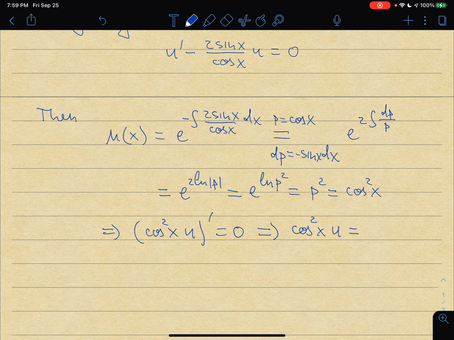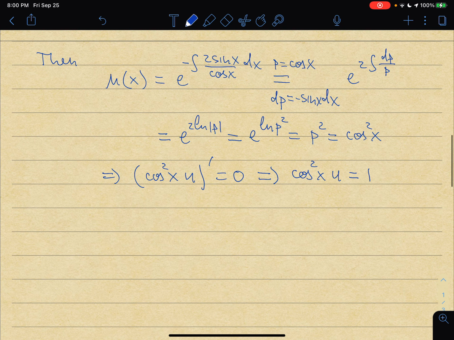Now, in this case, I'm going to set a constant equal to 1, because at the end of the day, I'm looking for just one solution, y2 of my ODE, so it would be enough to find only one u, and then only enough to find only one v, etc. All right, so we have this. So we solve for u, and u is 1 over cosine square of x.